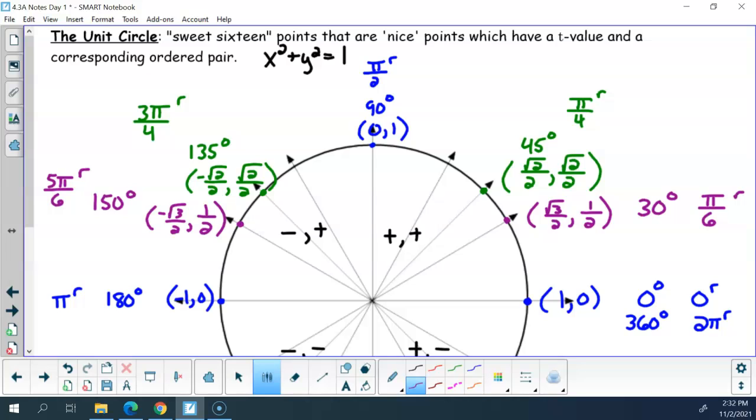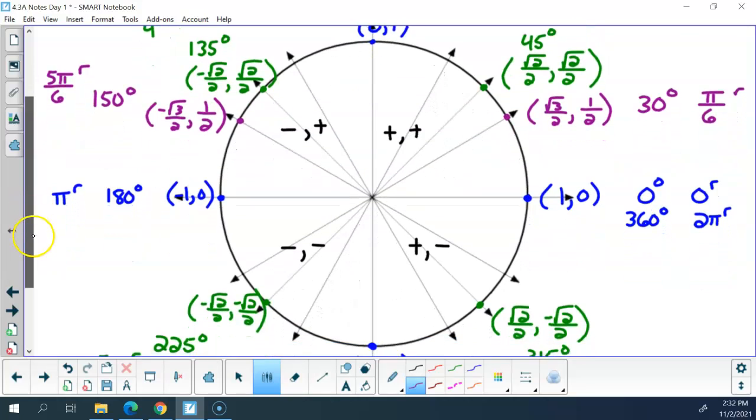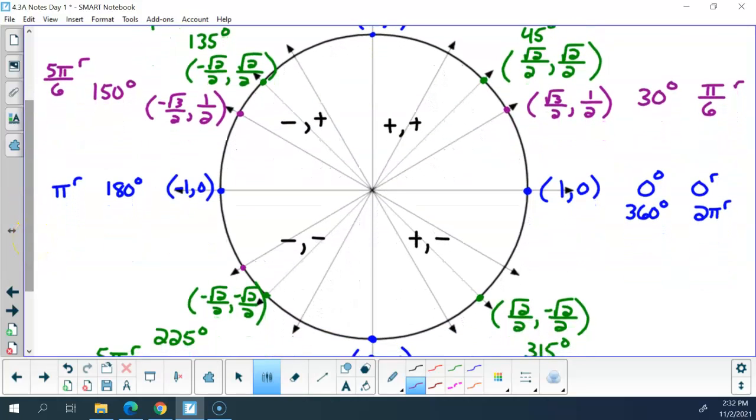If I go down to quadrant 3, now I'm going to be at negative square root 3 over 2, comma, negative 1/2. Now I'm 30 degrees more than 180 degrees.